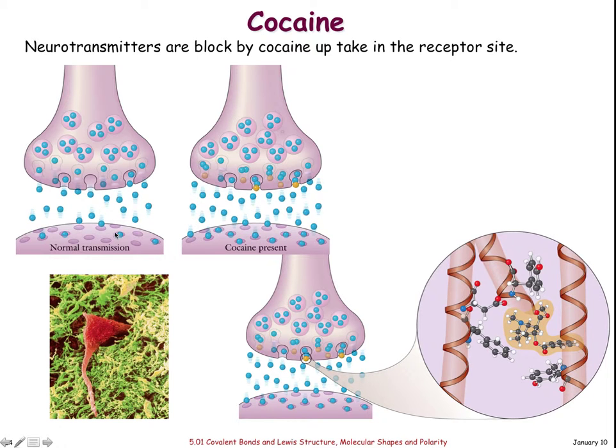Usually what happens is that when you sense something, whether you feel pain or you have some sort of sensation, then these neurotransmitters go from one dendrite to another through these pores. These neurotransmitters are small chemicals that fit in these pores nicely, and then they send an electrical signal down the line.